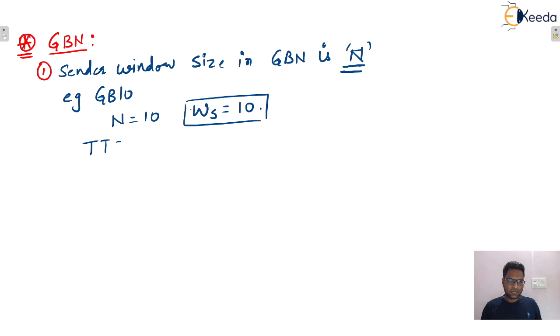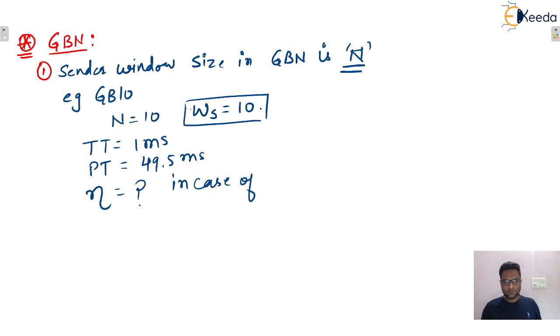Next, let's say the transmission time is given to you as 1 millisecond, and the propagation delay is given as 49.5 milliseconds. The question is, what is the efficiency in case of GB10? You only tell me, what is the maximum sender window size?